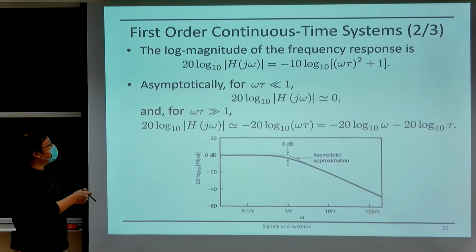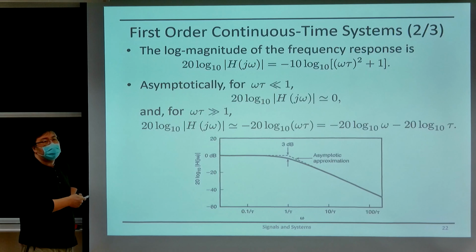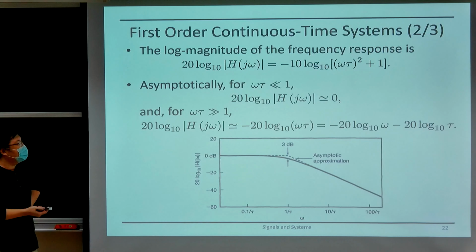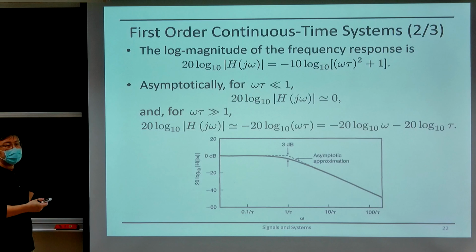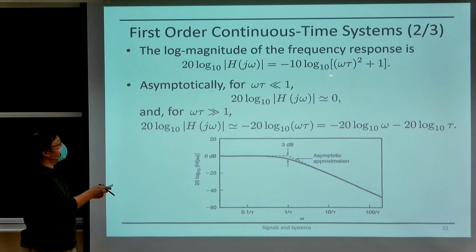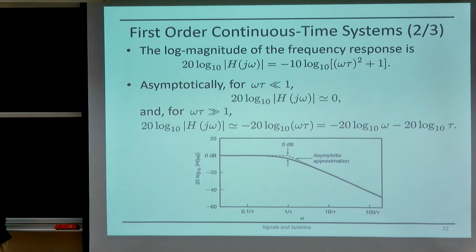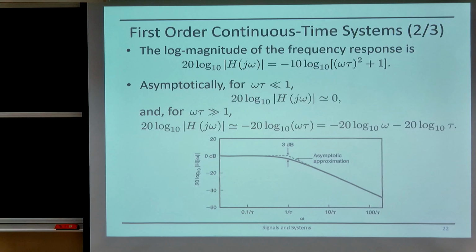Now, instead of looking at the exact values at every point of omega, sometimes we can just look at some extreme values to gain some understanding of the trend of this response. Suppose that omega tau is much less than 1, or that omega is much less than 1 over tau.